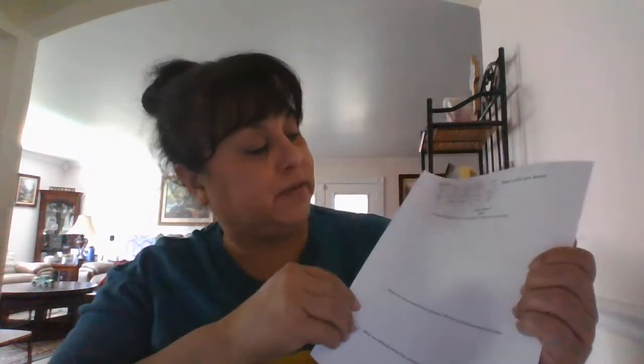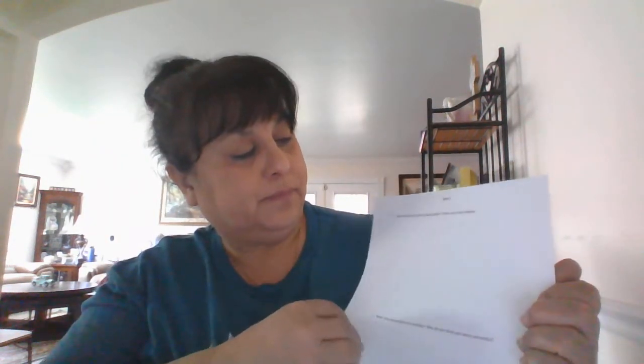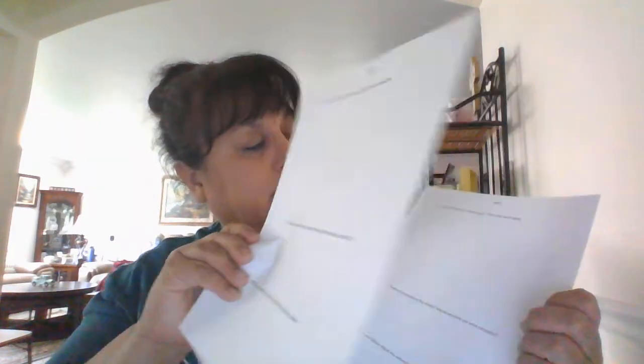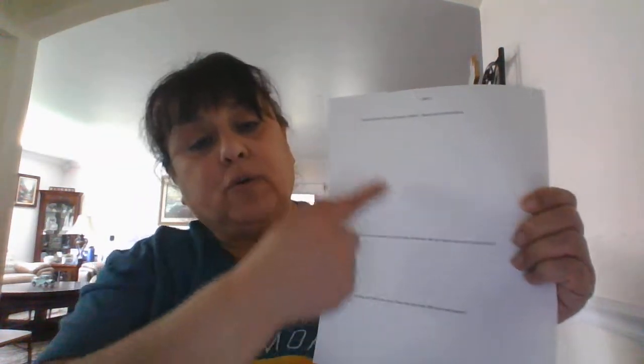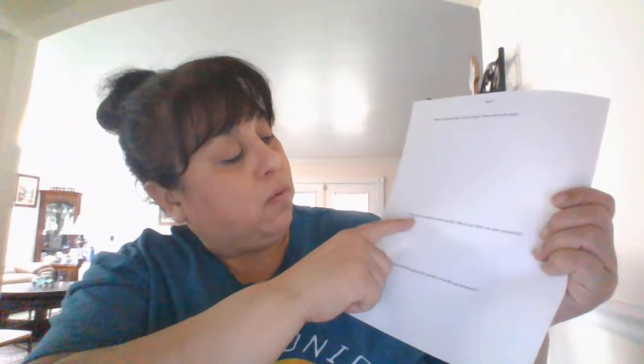It has a box for each day. Here's day 1, which is today, May 4th. Day 2, day 3, day 4, and day 5. And it's asking you, what activity did you choose to do today? Show your work below. Were you successful at this activity?